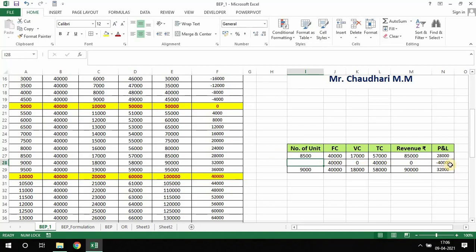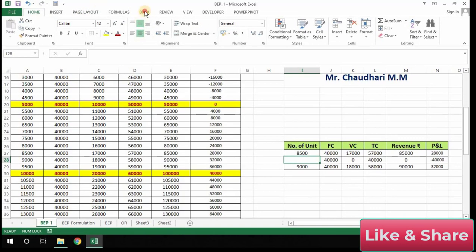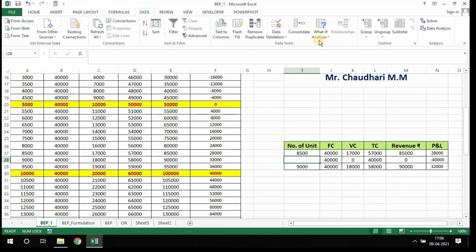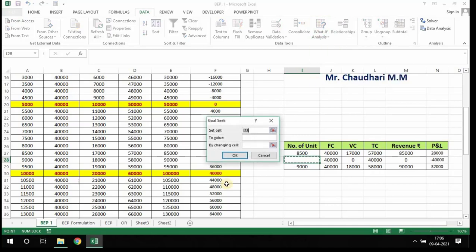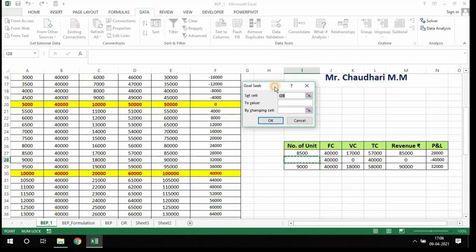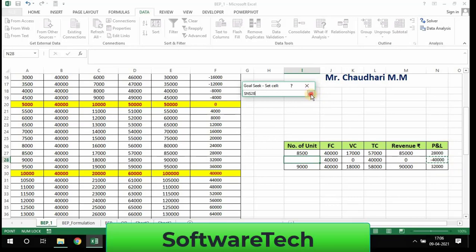So select here and go to Data, then What-If Analysis, go to Goal Seek. So what is Goal Seek? Goal Seek finds the targeted value. So set cell here means profit and loss.